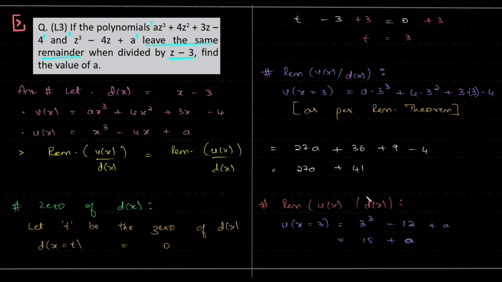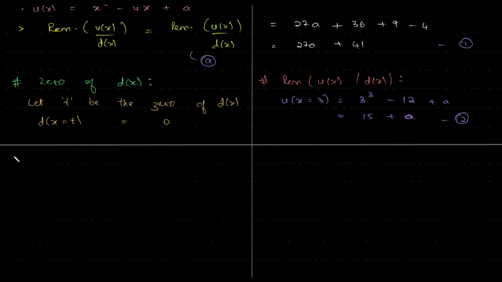The extra bit is this. If this and this leave the same remainder, what does that mean? It means that the LHS is equal to the RHS. Therefore, I can equate 1 and 2. I'll call this A. So from A, equation 1 and equation 2, I can equate this expression and this expression: 27a plus 41 is equal to 15 plus a.